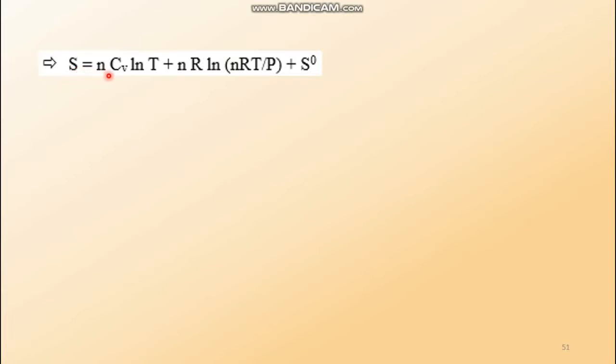The first term of the right hand side is nCv ln T as usual, but in the second term, in place of nR ln V we have written nR ln (nRT by P), plus the integration constant S0.